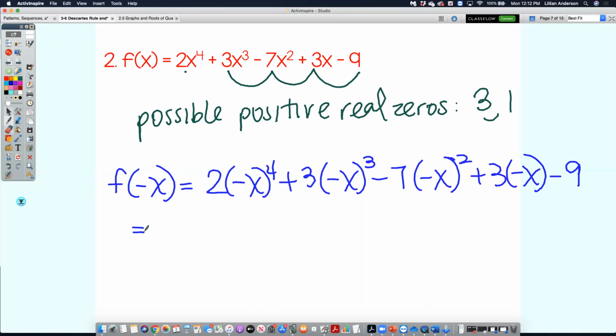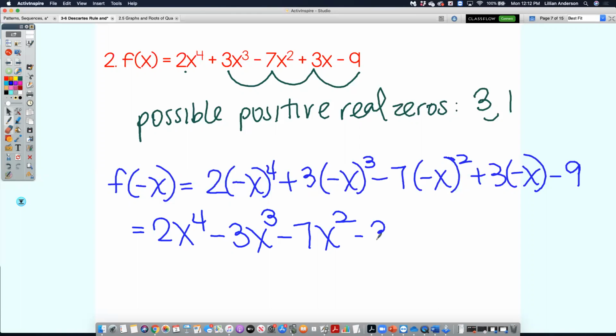Again, a negative raised to an even power is a positive, so you just gotta multiply it to the coefficient on the outside. Raise it to an odd, it's a negative, you multiply it to the outside. Even turns into a positive, but since this is a negative 7 to start with, it becomes a negative 7x squared. Negative and the positive make a negative.